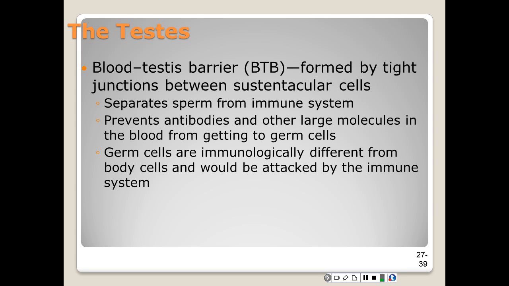Those tight junctions are the ones that prevent antibodies or any large molecules and interstitial fluid from getting into the germ cells. This barrier is important because the germ cells are genetically different from other cells. In some cases sterility occurs when the BTB fails to form adequately in adolescence.